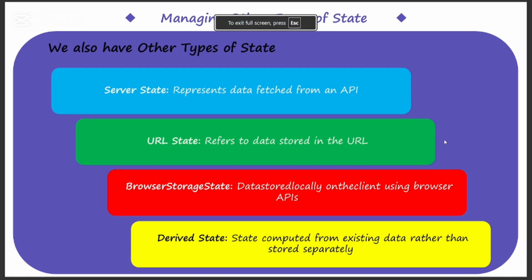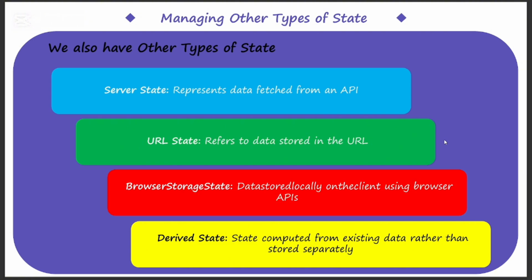Now let's discuss managing other types of state. Apart from application and UI state, modern front-end systems often need to manage additional types of state that are external, temporary, or device related.